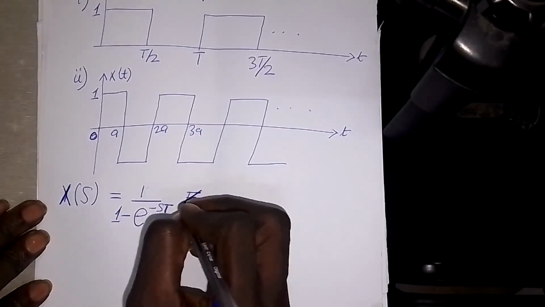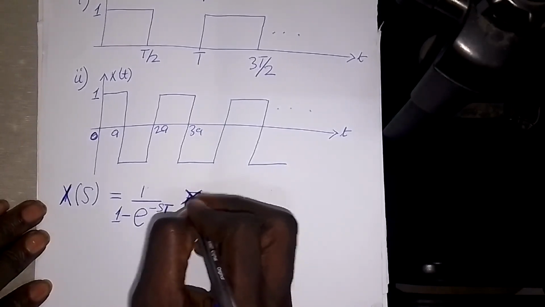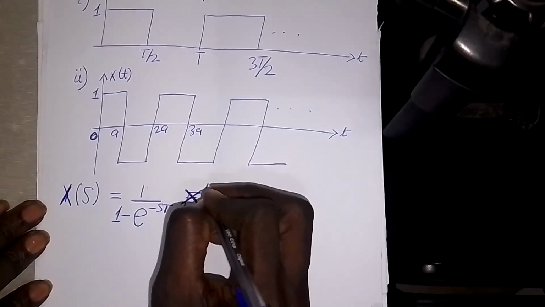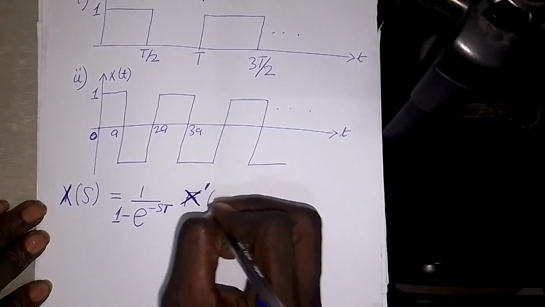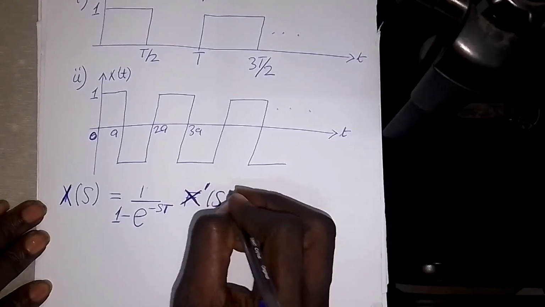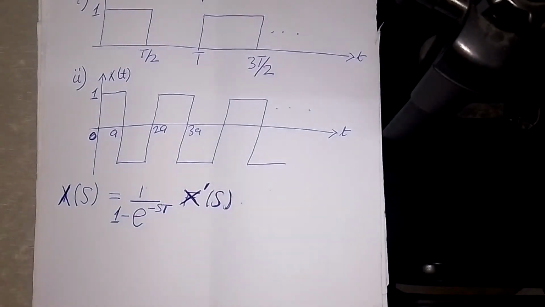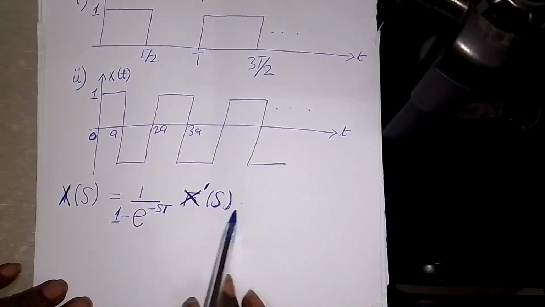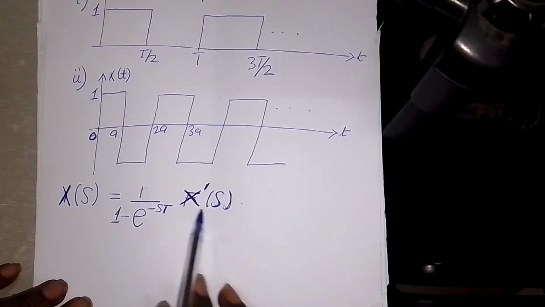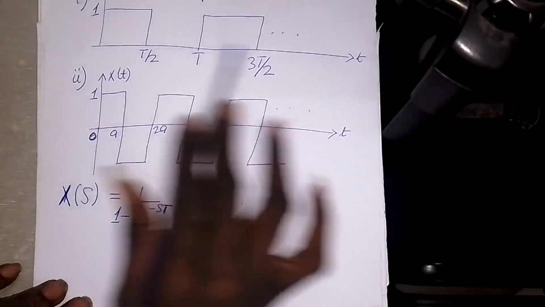So this is the formula that we use for periodic Laplace transforms. This is going to be the Laplace transform for the signal.